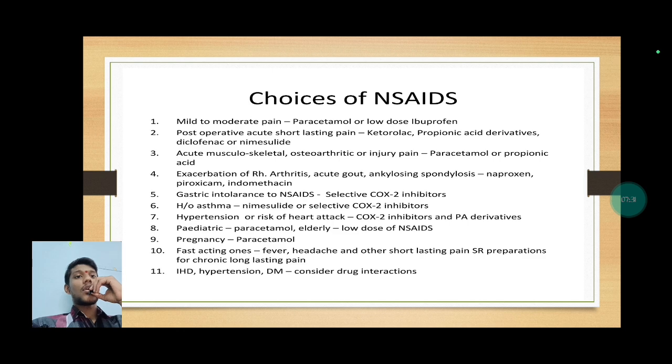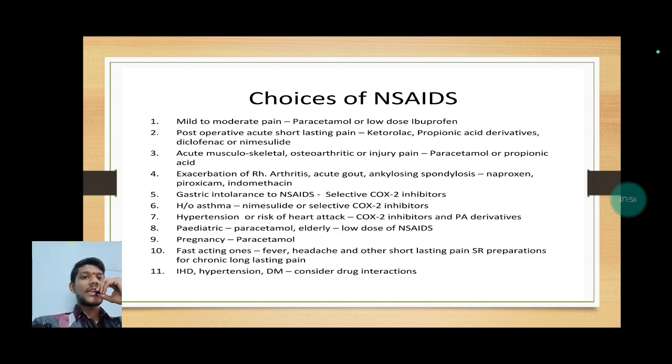So, choice of NSAIDs. These are some important points. For mild to moderate pain, we will use paracetamol or low dose ibuprofen. Second, post-operative acute short-lasting pain: ketorolac, propionic acid derivatives, diclofenac or nimesulide.